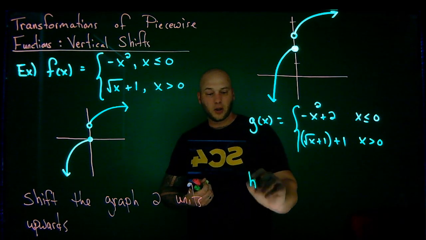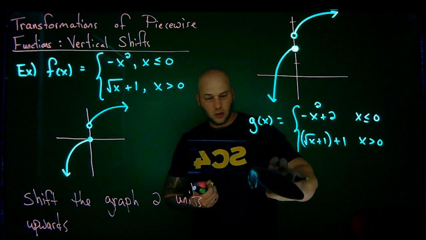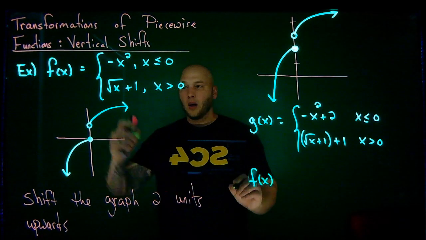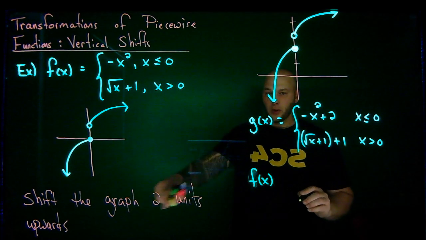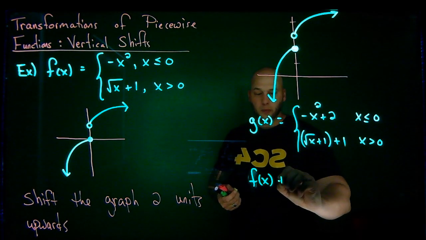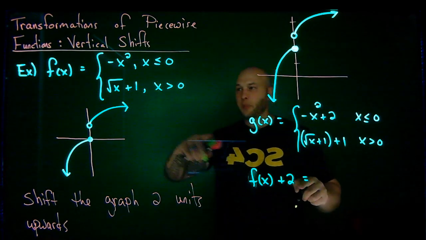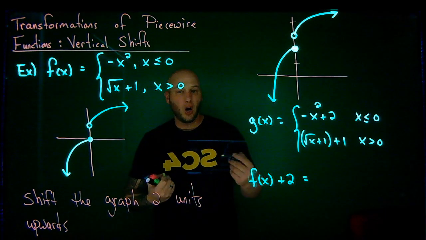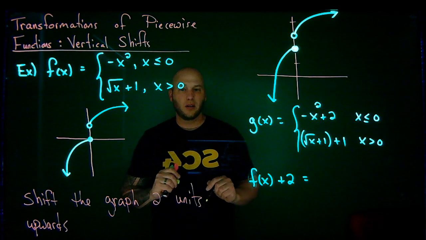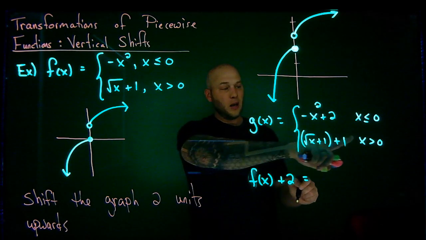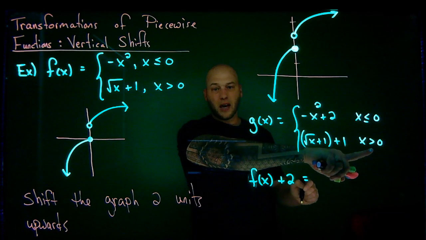Another way that I could have written this is, this is the function f of x. Vertically shifting upwards 2 units means that'd be f of x plus 2. That means that this 2 applies to the function expressions only, not to the horizontal information. Think of the function expressions as vertical information and the domain restrictions as horizontal information.